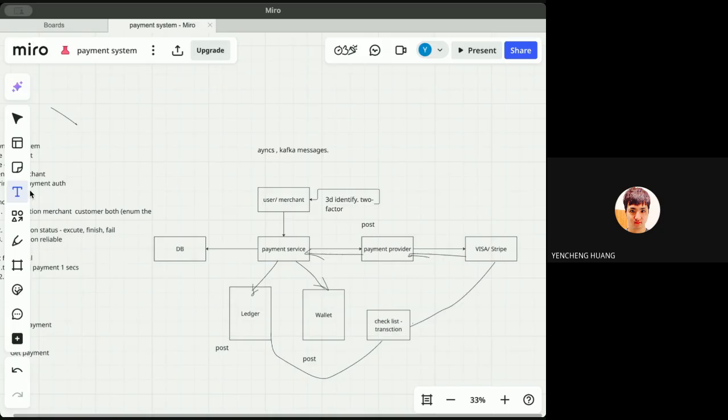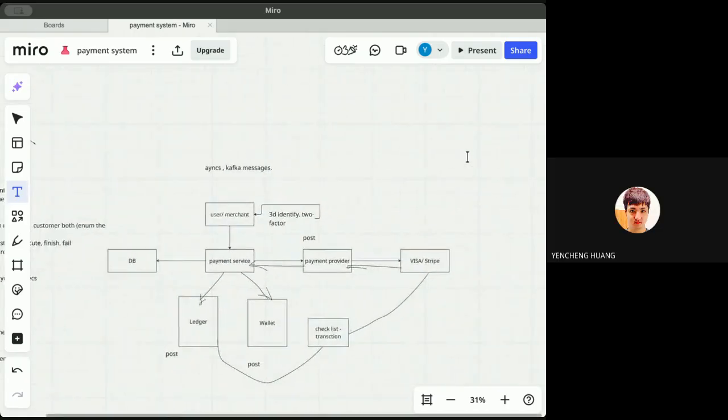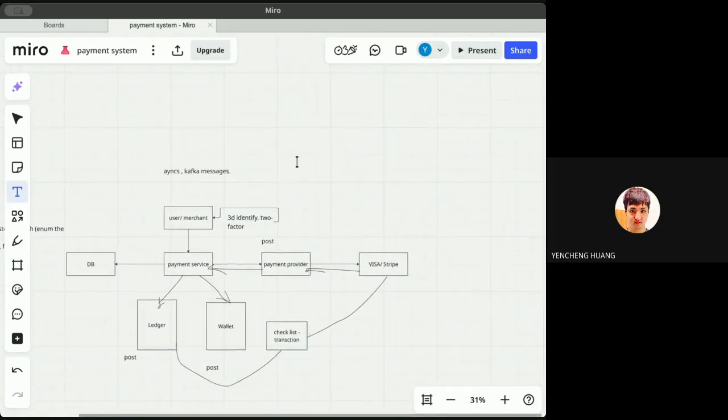Yep. And should I dive into the payment providers and the third parties intersections? Yeah, sure. Okay, so I draw another step.